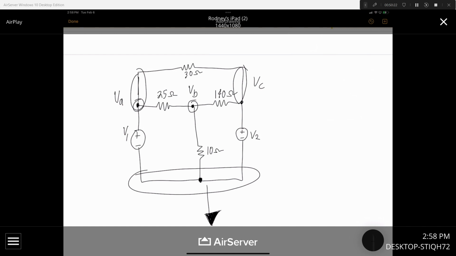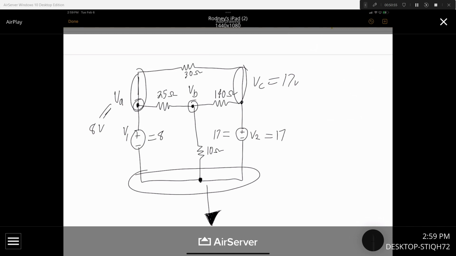VC is 17 volts. We already figured that out. VC is 17 volts and VA is 8 volts, because this is 8, this is 17.